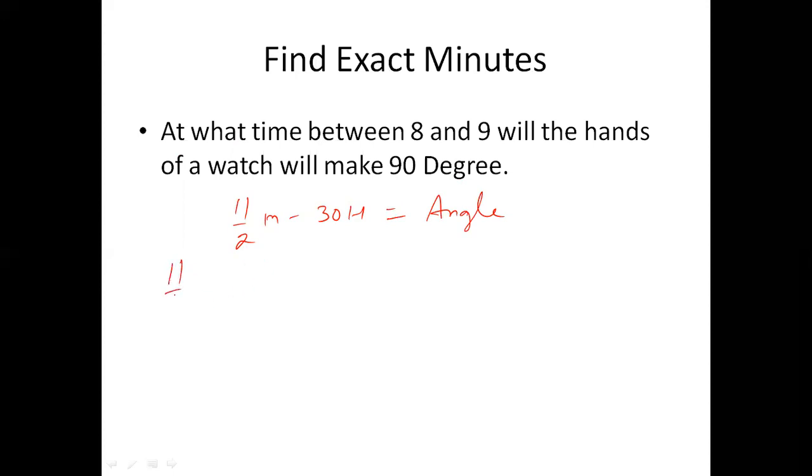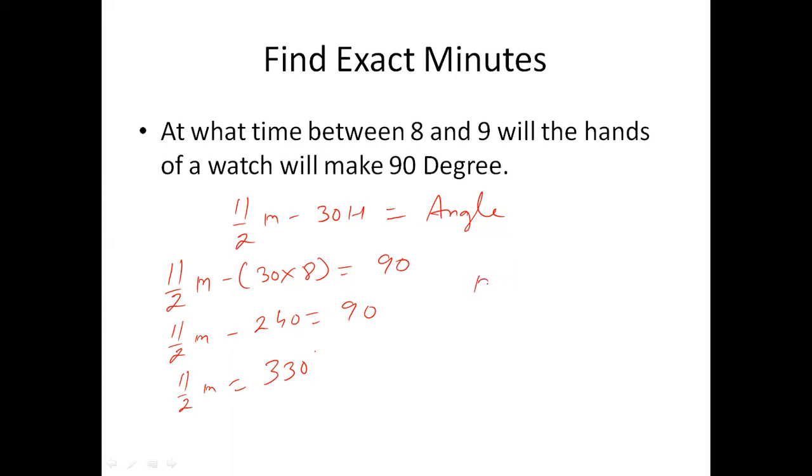Substituting, 11 by 2 m minus 30 into 8 equal to 90 degree, where 11 by 2 m minus 240 degree equal to 90. 11 by 2 m equal to 240 plus 90, 330 degree. Now m equal to 660 by 11. So this is your answer for the minutes value.